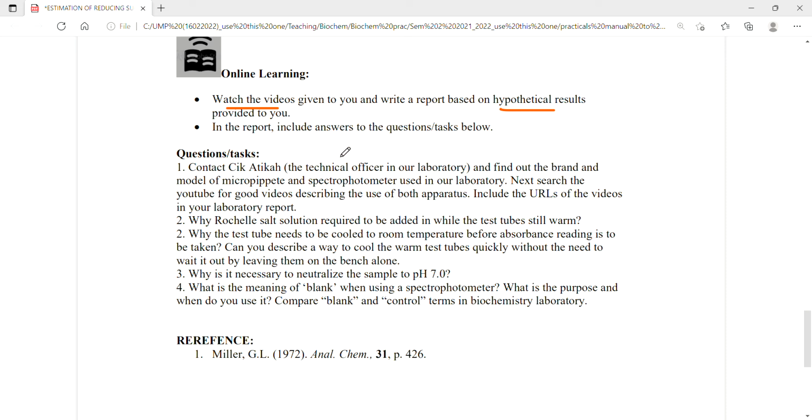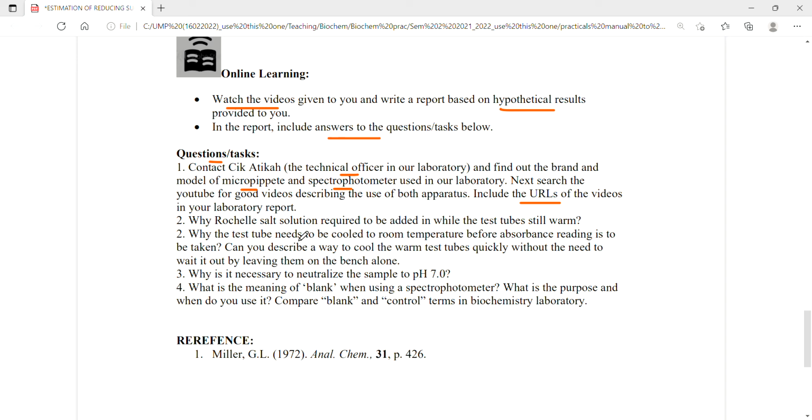So in the report also include the answers to these questions. You are to contact the technical officer and find out what micropipette is used in our laboratory, and the spectrophotometer brand and model, and then find URLs of suitable videos and include them.